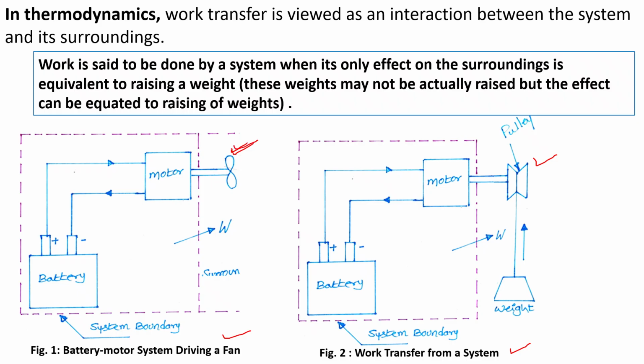In figure 1, the system is doing work upon the surroundings, which means the motor is driving a fan. But in figure 2, we have replaced the fan with the pulley. Here the sole effect of this system is the raising of the weight.